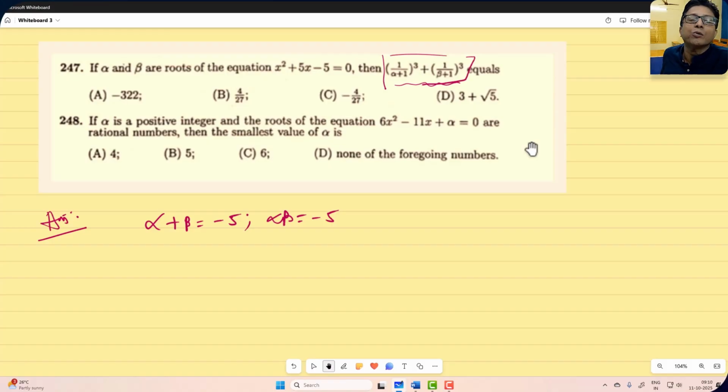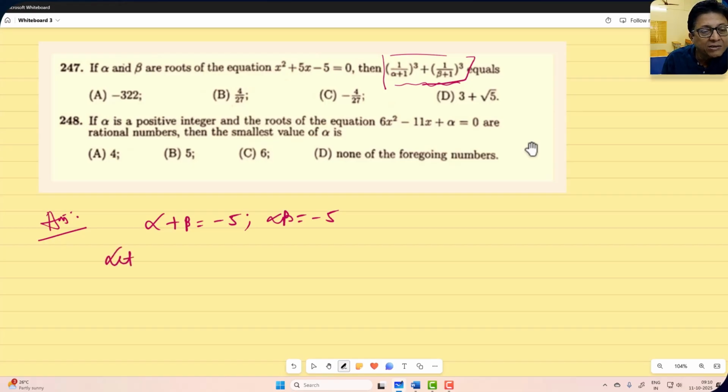So what will we do there? By using the concept of transformation of equation, we frame the equation whose roots are 1 by (alpha plus 1) and 1 by (beta plus 1).